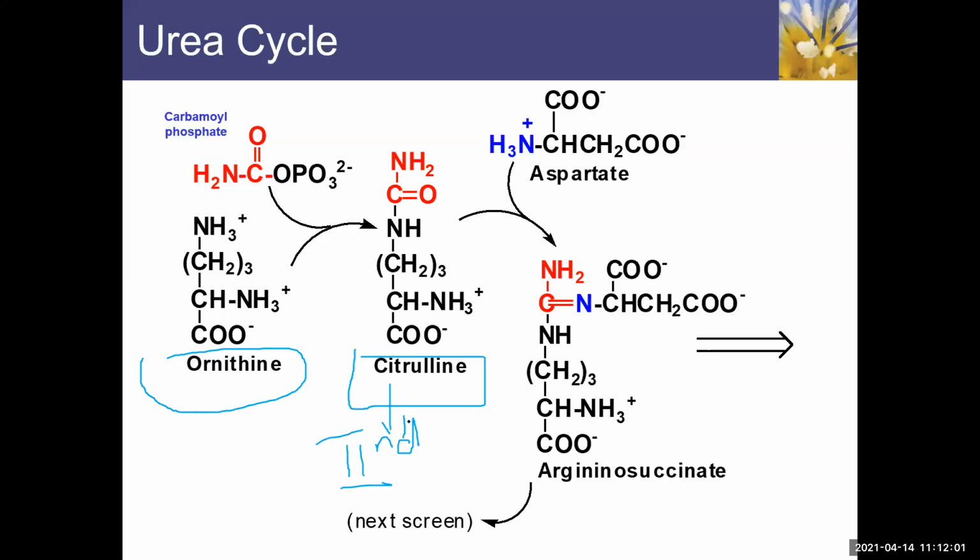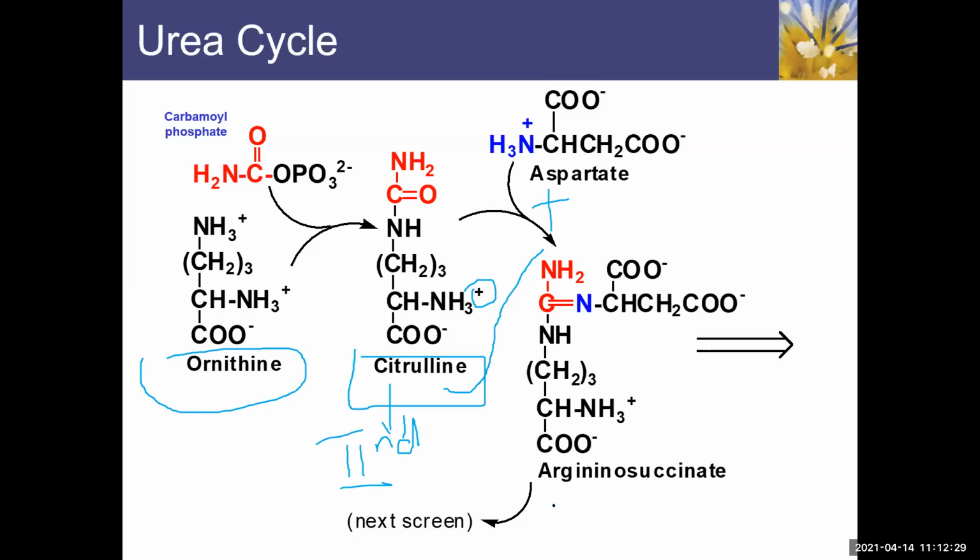So this reaction takes place in the mitochondria. Then this citrulline will move out of the mitochondria, and it will combine with the aspartate. So citrulline plus aspartate, it will result in the formation of the, what is formed?